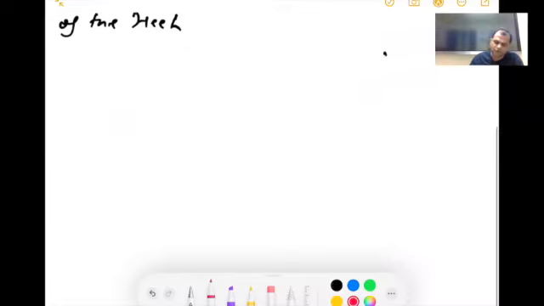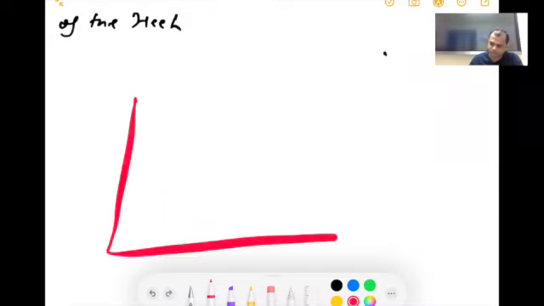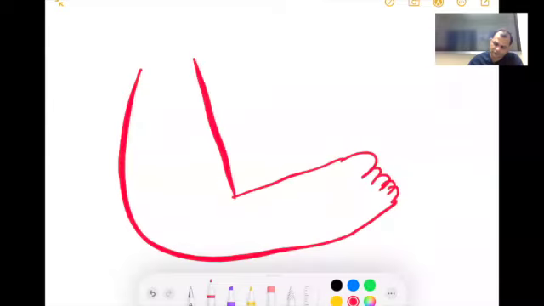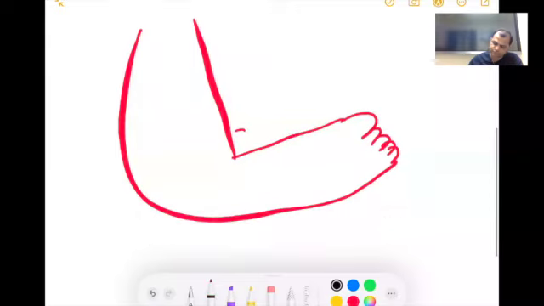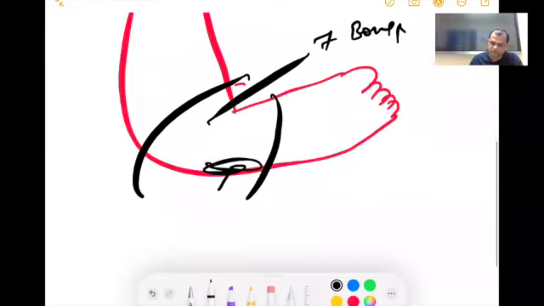We know in our heel we are having total 7 bones in our ankle joint. In the ankle joint, we are having 7 bones here. The lowermost bone is called calcaneum.